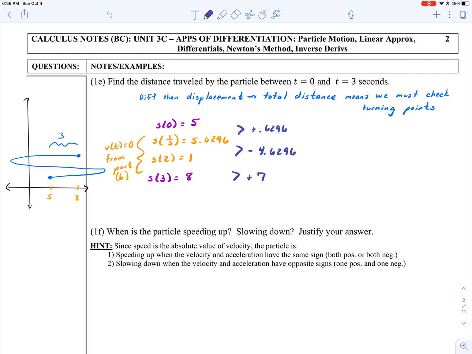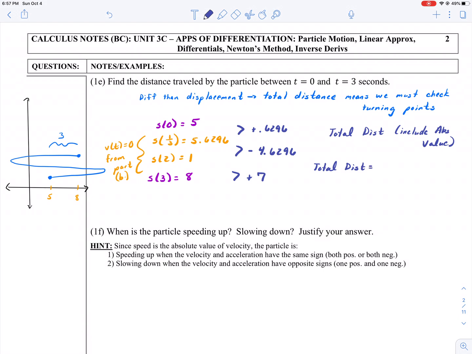Now I want to consider that this is total distance, which means the direction that I traveled really doesn't matter. I'm treating everything as positive when I deal with total distance. So total distance has to do with the absolute value. Let's put a note: total distance includes absolute value. I think it's important to recognize that we may be going different directions.